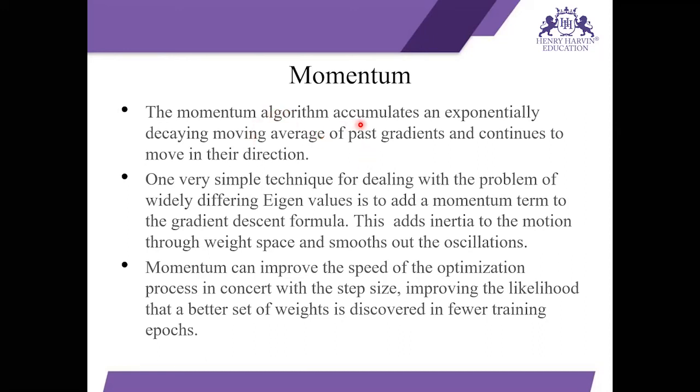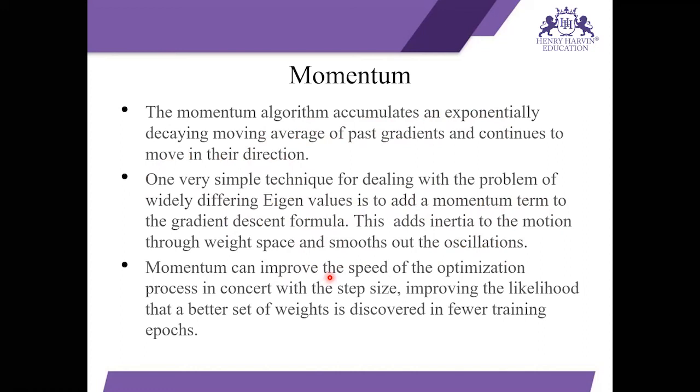The momentum algorithm accumulates an exponentially decaying moving average of past gradients and continues to move in their direction. One simple technique for dealing with the problem of widely differing eigenvalues is to add a momentum term to the gradient descent formula. This adds inertia to the motion through weight space and smooths out oscillations.